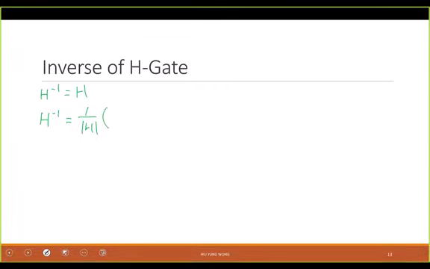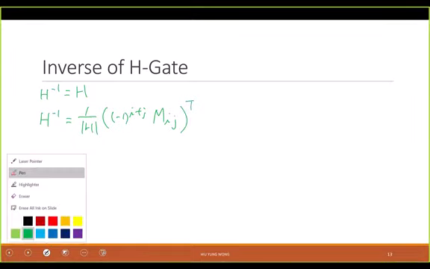And then inside the matrix, you have this so-called cofactor and minor, negative 1 to the i plus j, and then M_ij, transposed. Let's write it down first, and then I will define this to you.